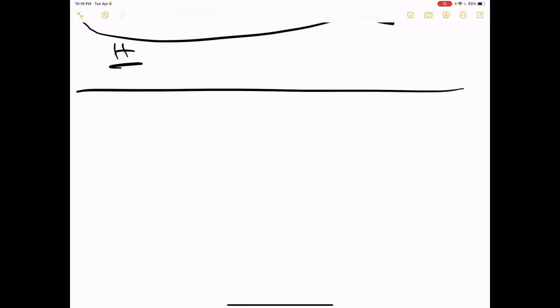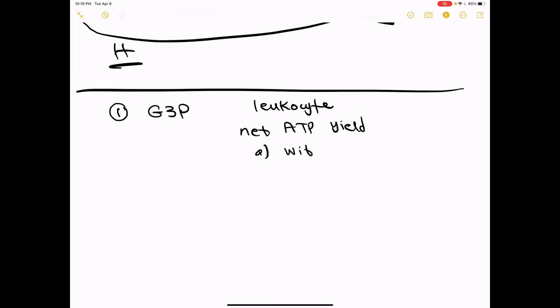If I say you have one molecule of glyceraldehyde 3-phosphate, and you have a leukocyte, and I want to know the net adenosine triphosphate yield, A, with oxygen, B, without oxygen.